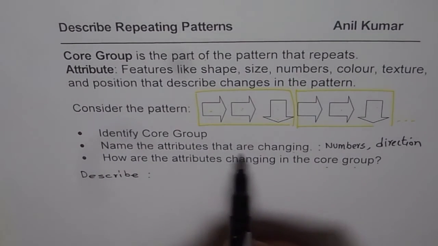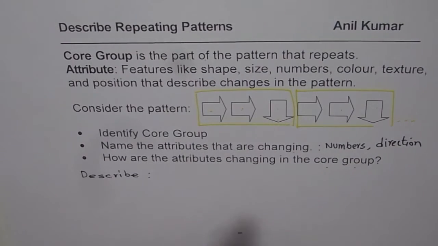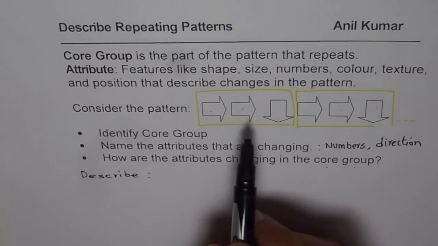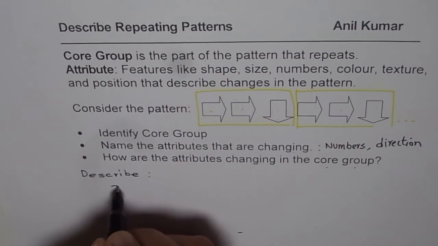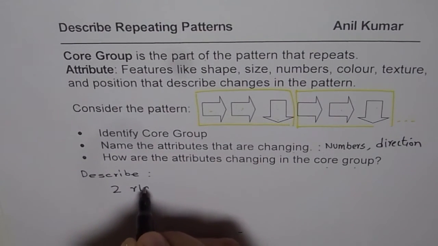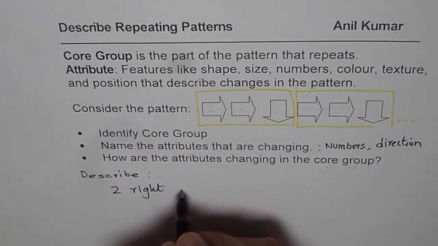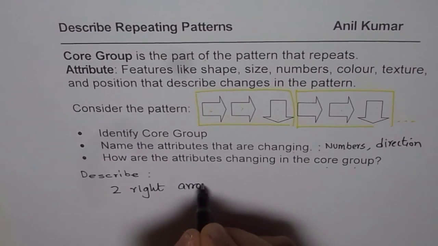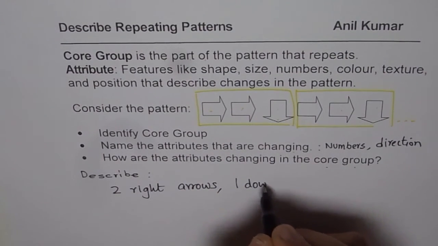Since there are two attributes, we will use two words to describe. One is numbers, the other one is direction. So we'll say two to right, that is, to right is the direction, arrows, one down. So down is the direction, right?